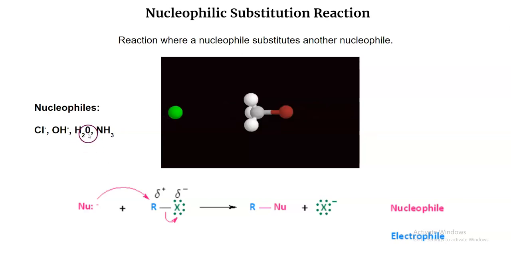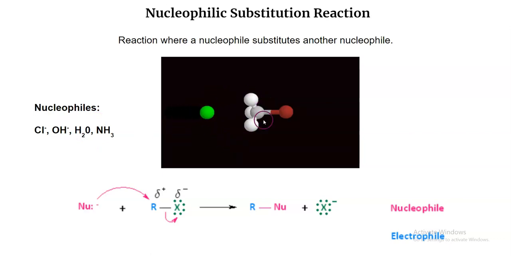It's not negatively charged, but there are lone pairs of electrons on this oxygen center, so that makes the water molecule a nucleophile. Similarly, ammonia. Ammonia is not a charged species, but the lone pair of electrons on the nitrogen atom makes ammonia a nucleophile. So a nucleophile could be charged or neutral, but in all cases, they are going to love a positive center. They are rich in electrons, okay?